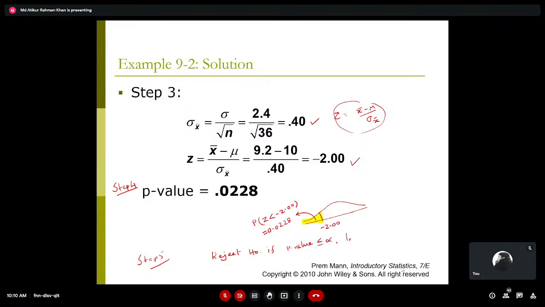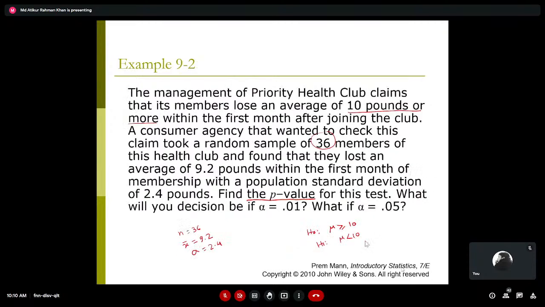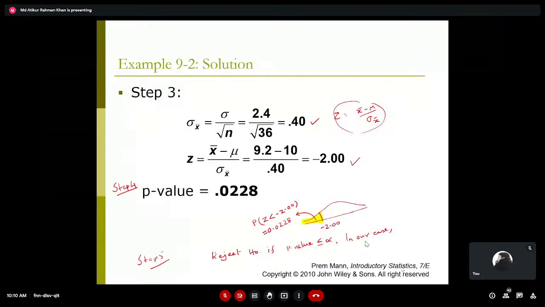In our case, when alpha equals 0.01, the p-value is not less than or equal to alpha, so do not reject.